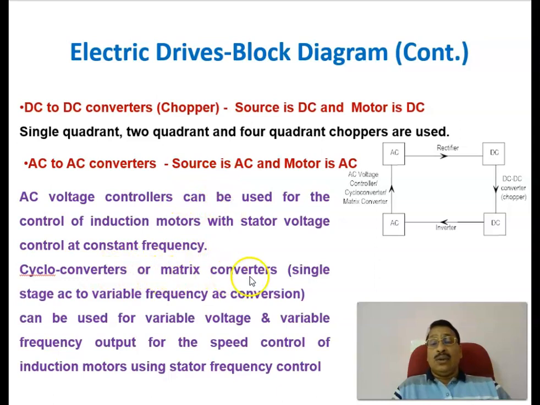A cycloconverter or a matrix converter, a single stage AC to variable frequency AC conversion, can be used for variable voltage, variable frequency output for the speed control of an induction motor using stator frequency control.